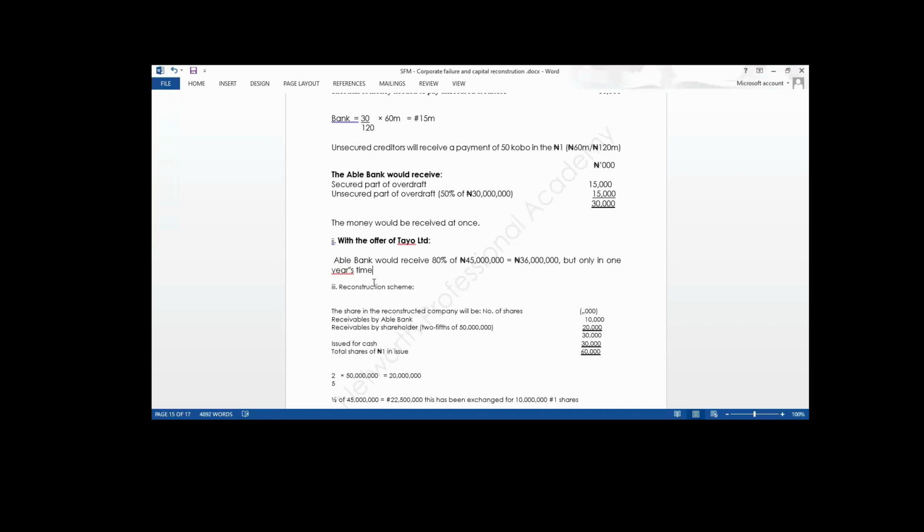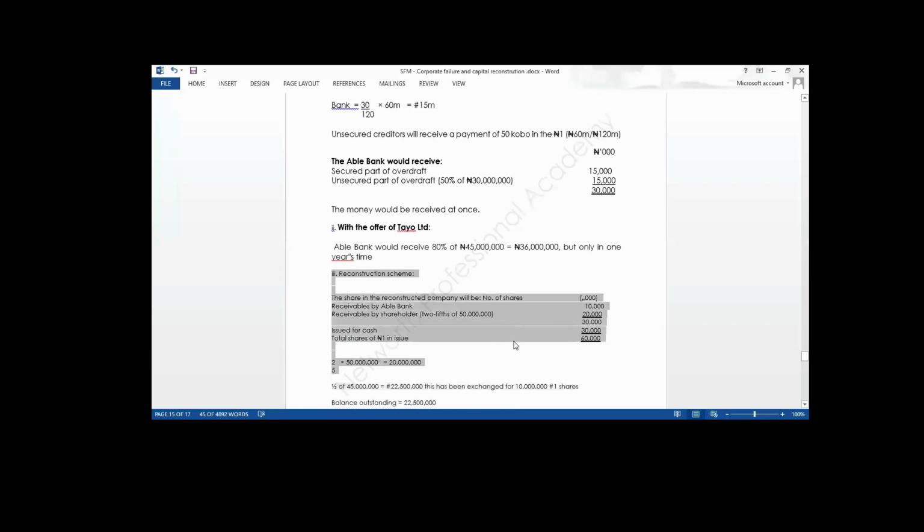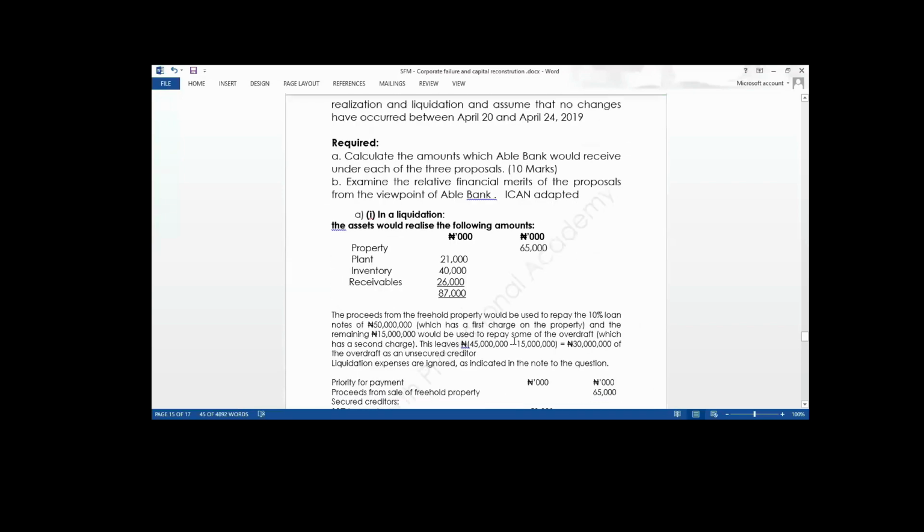Reconstruction is always a bonus. Is that clear, please? It's clear, sir. We move to Proposal C. Let's look at Proposal C together.